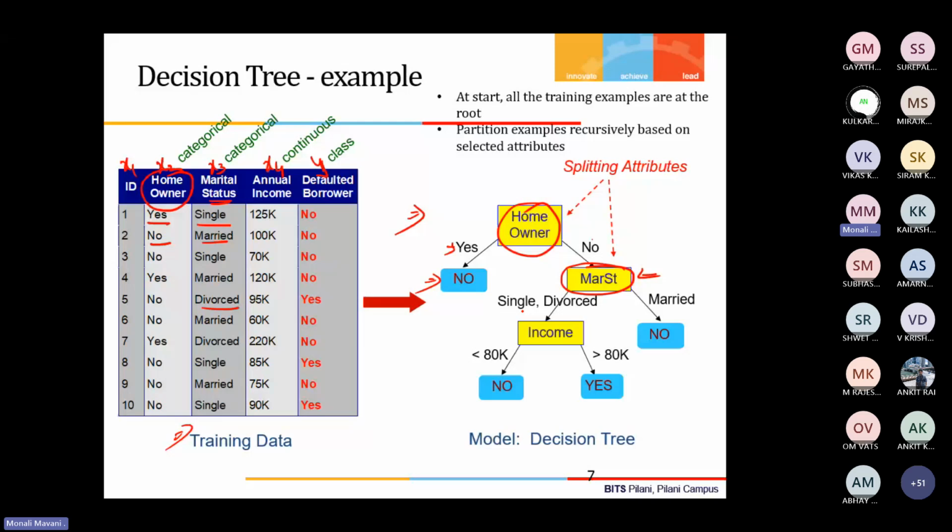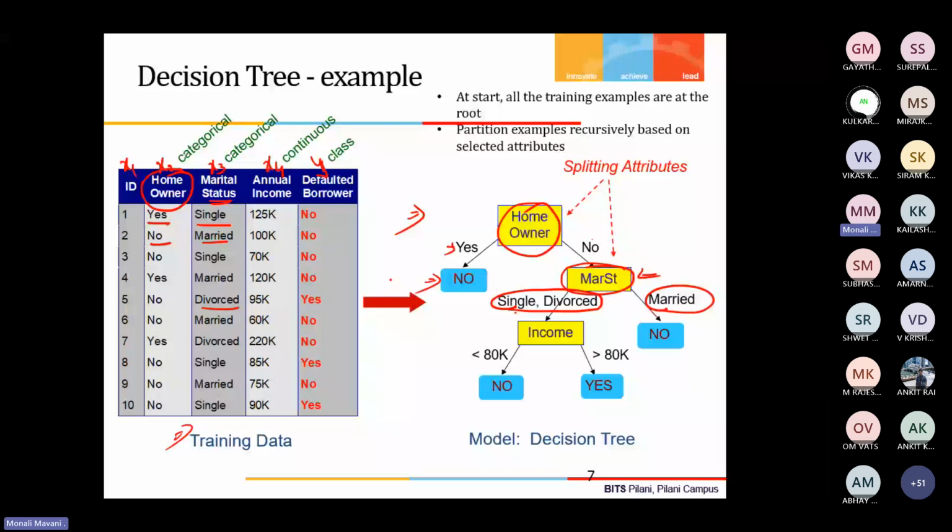Single and divorced will combine together and married will be separate. So this will be married or single and divorced. So our multi-value attribute, we have converted into a two-value attribute. That's not always the case. I'll give a multi-way split example, but this is a binary split example.